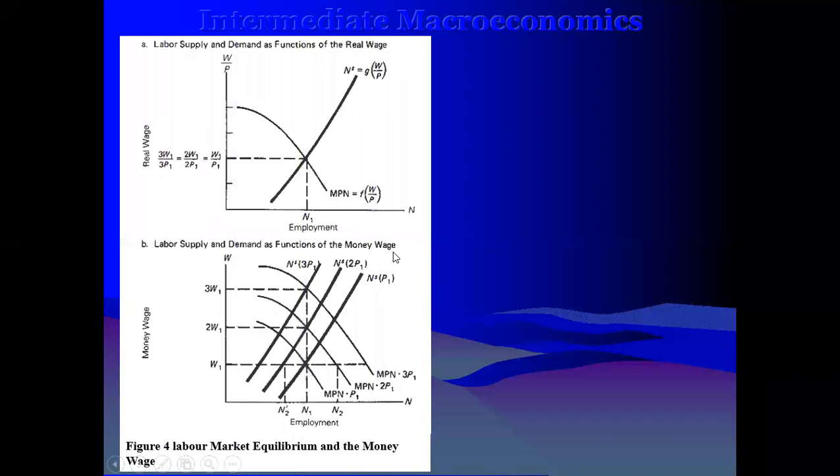Okay, so what we want to look at is what is going to be the effect of a change in price in the labor market. If we are talking about effects in the labor market, then we are talking about the effect of the change in price on N and the real wage, that's W over P. If you remember, when we were deriving the labor demand function, we said that we could use real wage or nominal wage, and in both cases we were getting the same result.